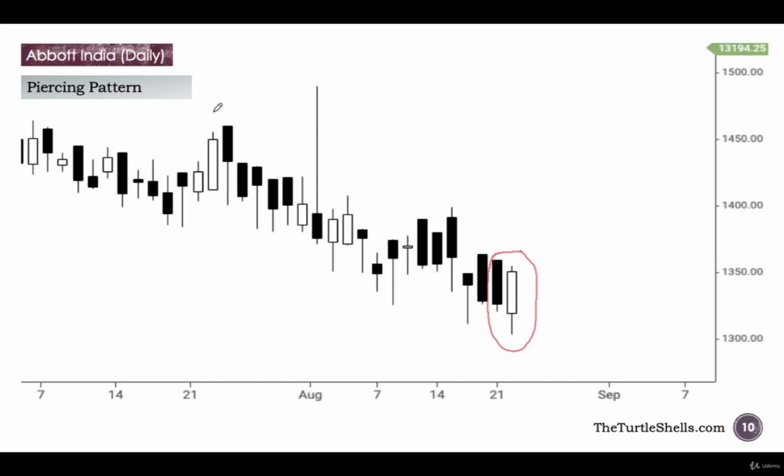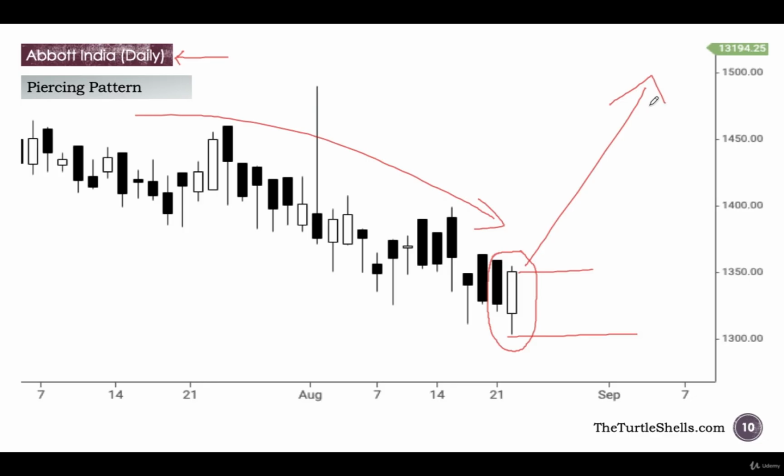And it is coming after a long prolonged downtrend. It's a daily chart, so it's quite a higher time frame. It's not an intraday chart. So if we were to take an entry here, we can keep our stop loss just under the low of the piercing pattern. And then we can expect the price to reach these highs.